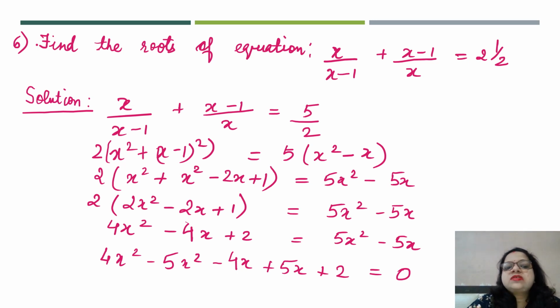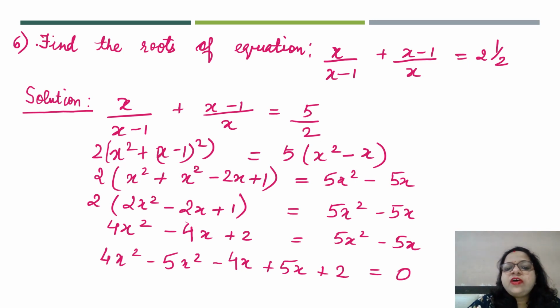And this x into x minus 1 will go on the right hand side and will be multiplied by 5, that is x square minus x. Okay, and when we multiply x into x minus 1 we get x square minus x. And when 2 is multiplied on the left hand side, what we get is 2 into x square plus x minus 1 the whole square.